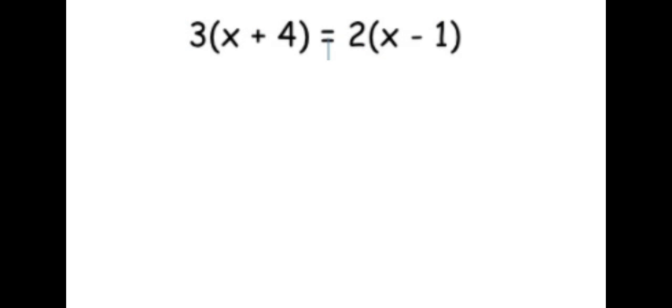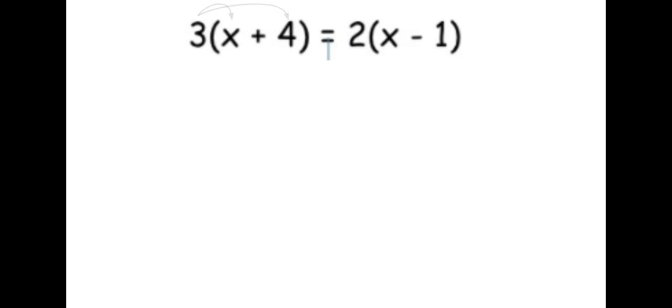Things to be careful about would be a problem like this. Before you jump ahead and try to move our x's, we need to make sure we distribute first. So there might be just busier equations where you have to combine like terms on the left or right side first, or distribute on the left or right side first. So just be careful with that, all right?